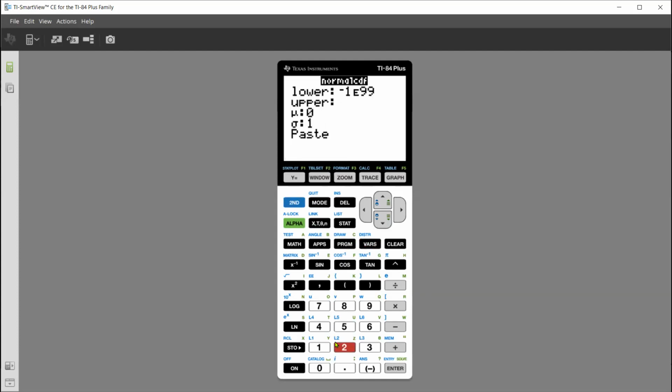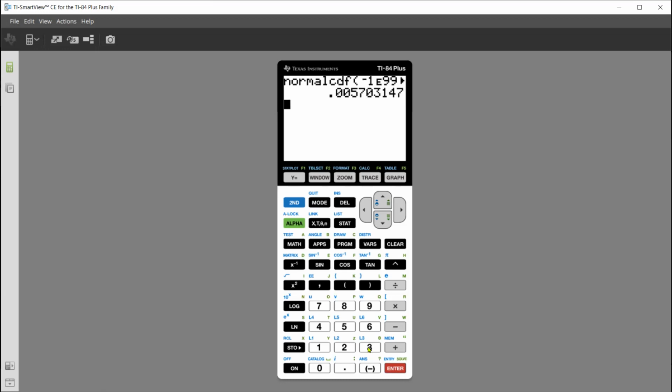Negative infinity, our Z is negative 2.53, our 0 and 1, we paste it and we get 0.0057 is our P.